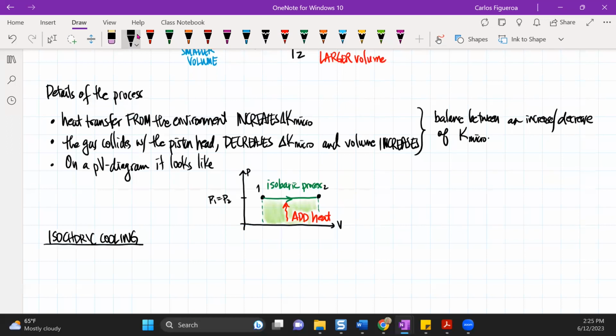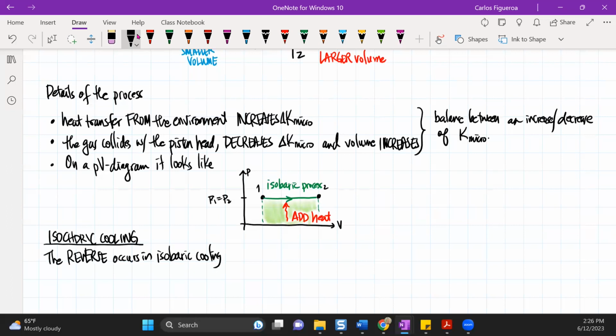what do I mean by that? So the reverse occurs in isobaric cooling.